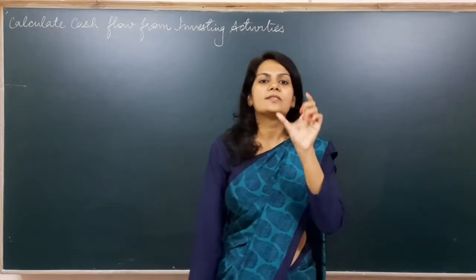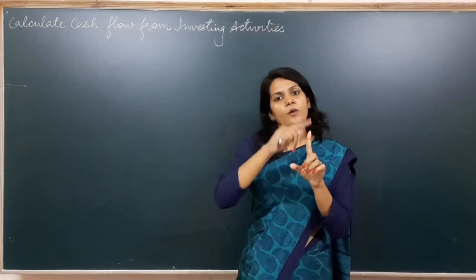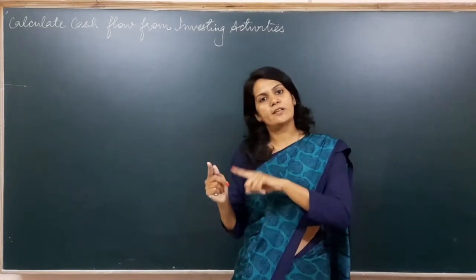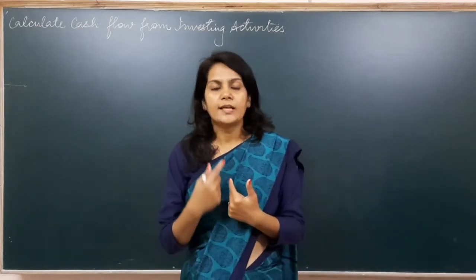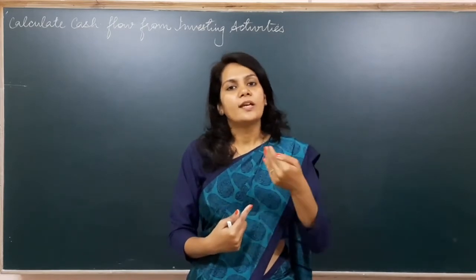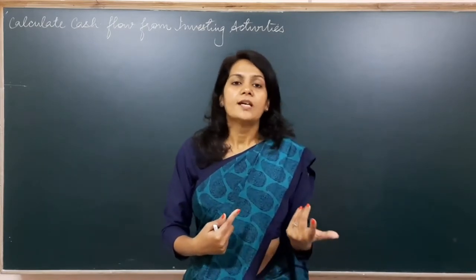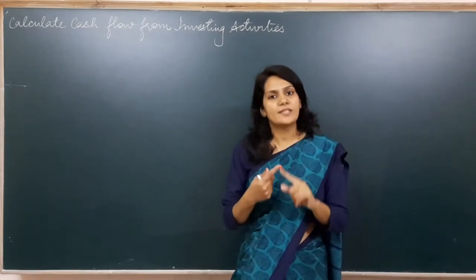Why? Because this dividend received is an income which is generated from a source which itself is an investing activity. If I have purchased shares of some other company, then it is an investing activity. If I am receiving dividend on the same, it is also an investing activity. Similarly, if I have purchased debentures of another company, it is an investing activity.